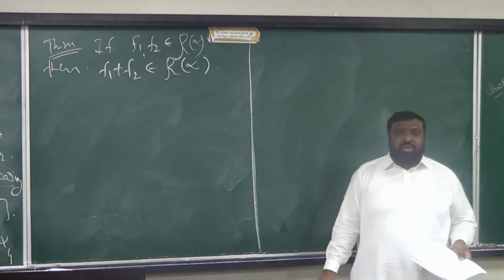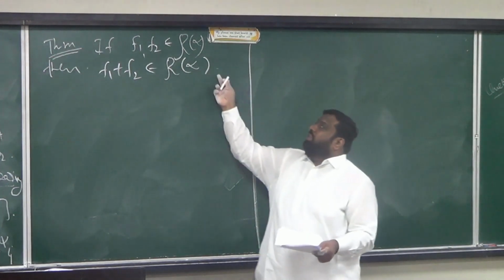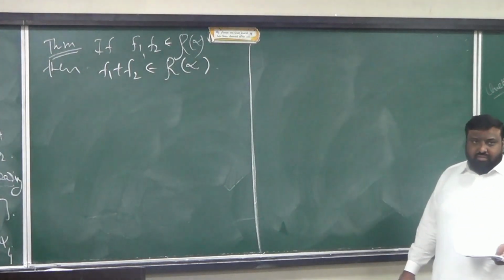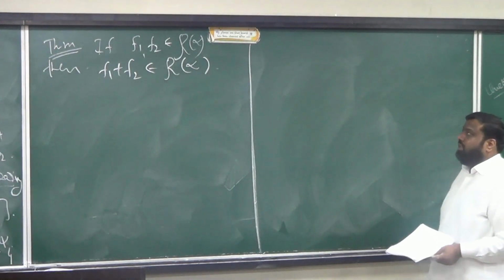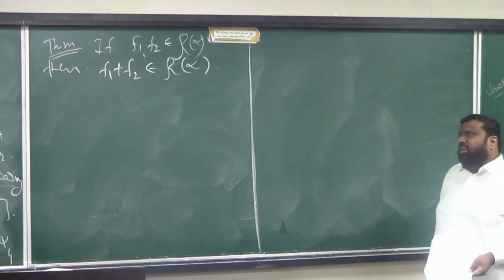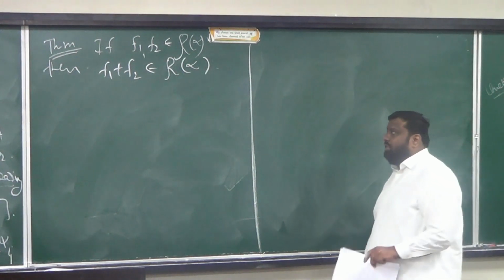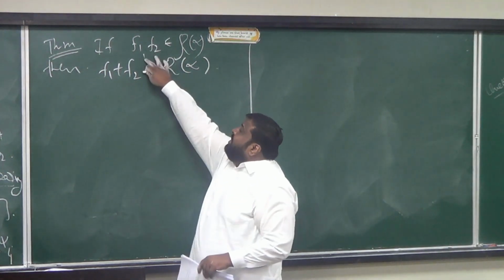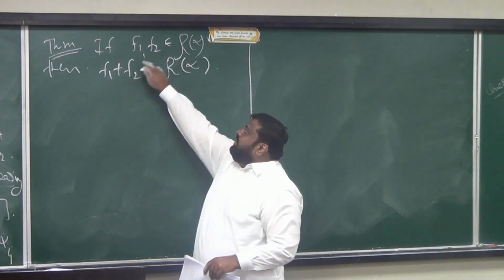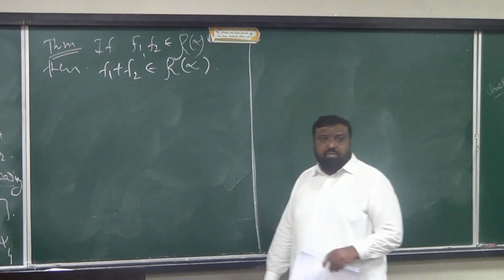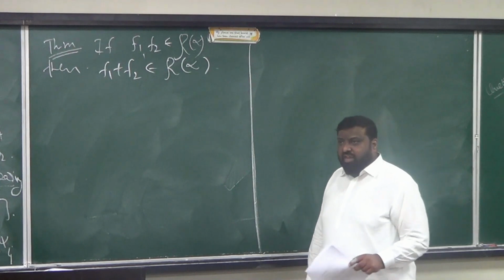This would be interesting because this will turn this space into a vector space. But you also need scalar multiples, and that is true also. So if two functions are integrable with respect to alpha, then their sum must be integrable with respect to alpha.